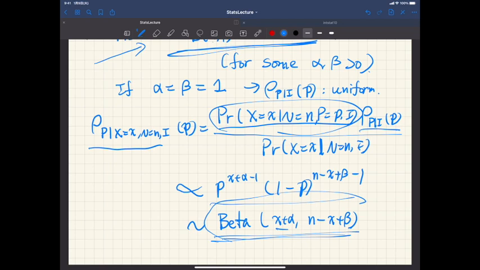In this sense, the binomial and beta distributions are closely related. In this particular example, the beta distribution is said to be the conjugate distribution for the binomial distribution.